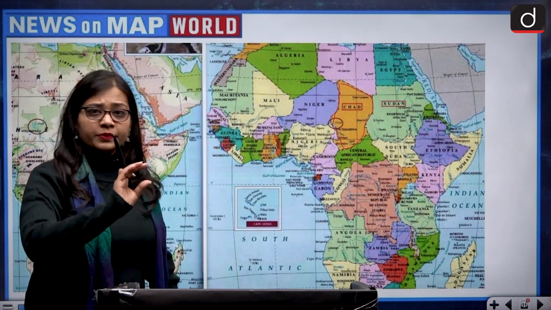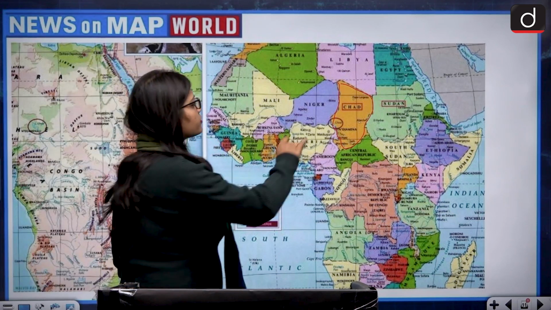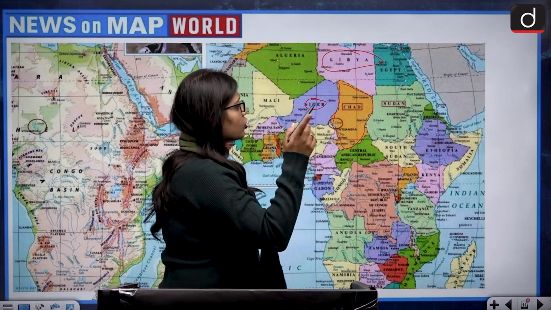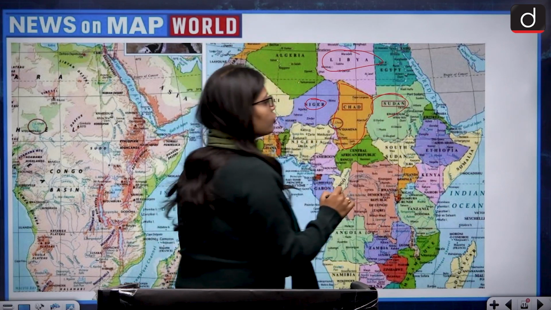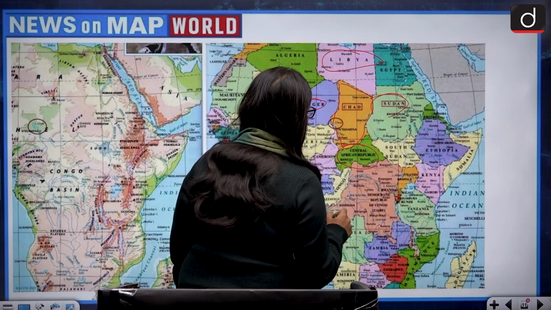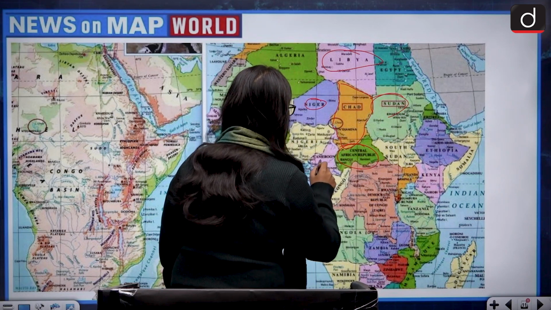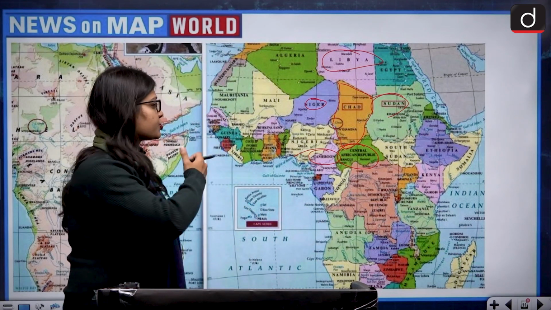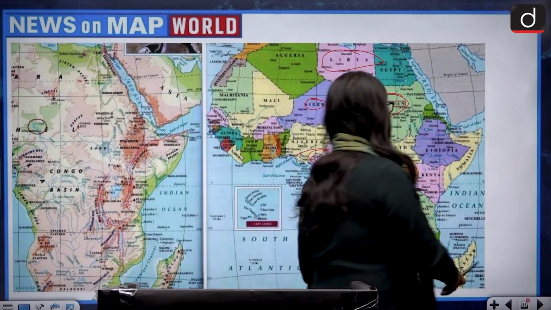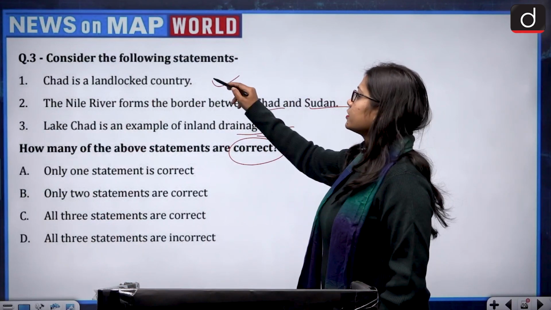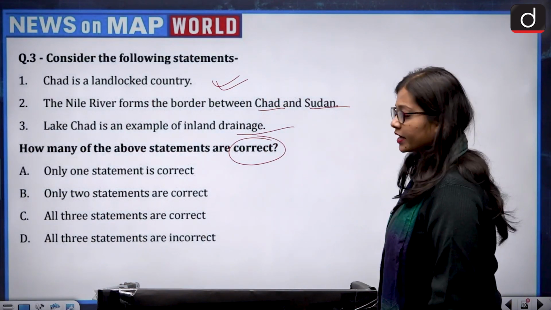The neighboring countries of Chad are Niger to its west, Libya to its north, Sudan to its east, Central African Republic to its south, and Cameroon to its southwest. These are the countries bordering Chad. So, it is a landlocked country. So, first becomes correct.